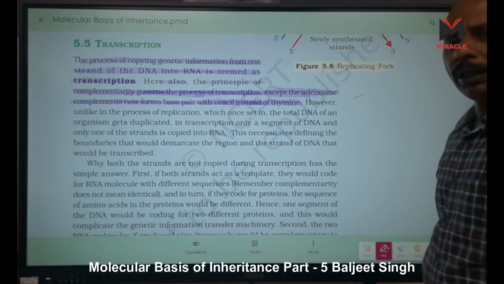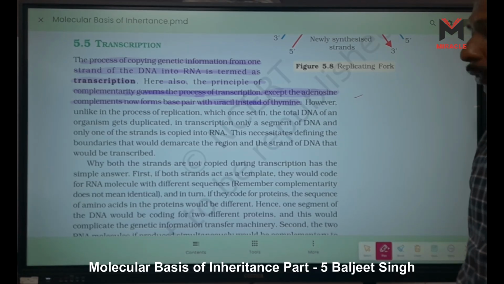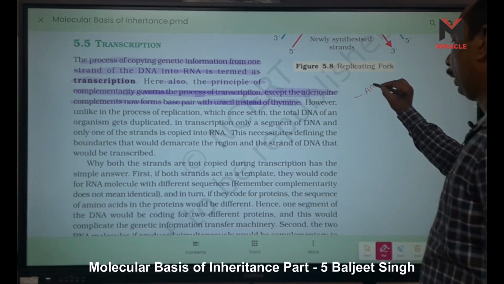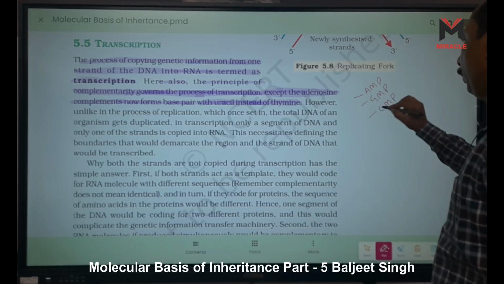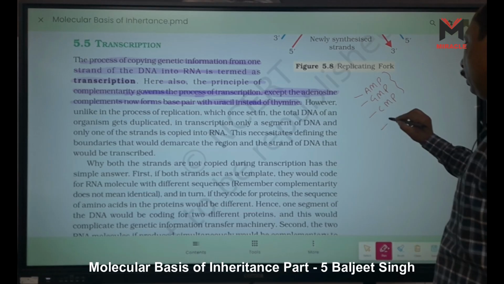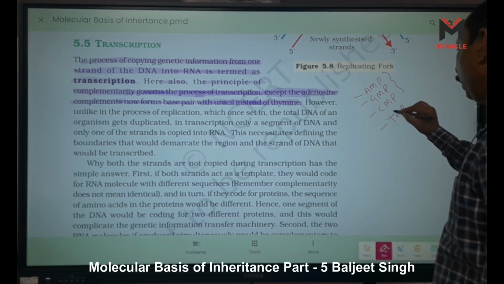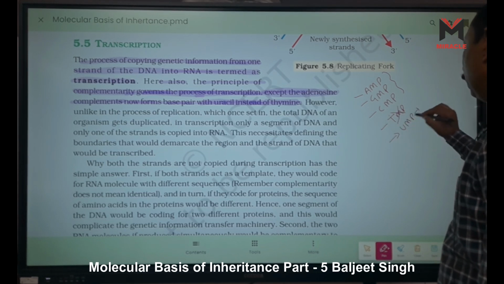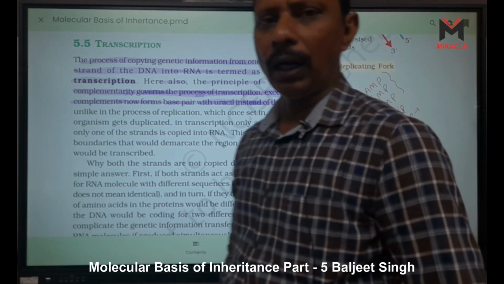In DNA we use deoxy nucleotides, but here we use AMP, GMP, CMP. These three are the same, but TMP is not present here; in place of TMP it is UMP, uridine monophosphate, right?